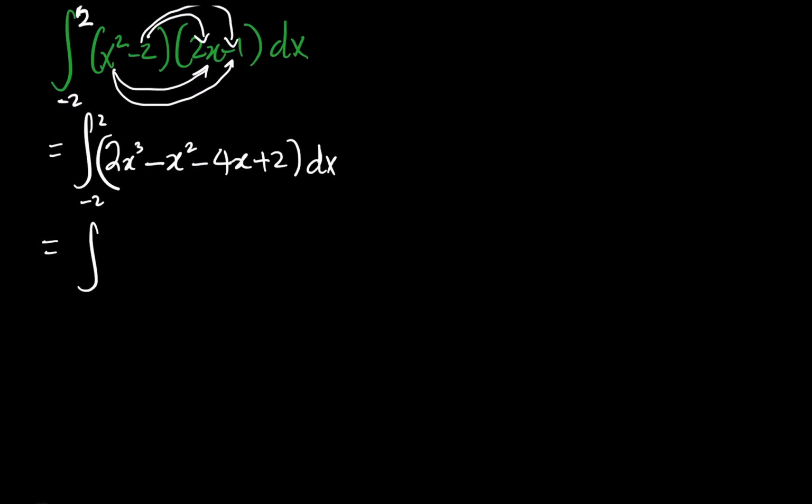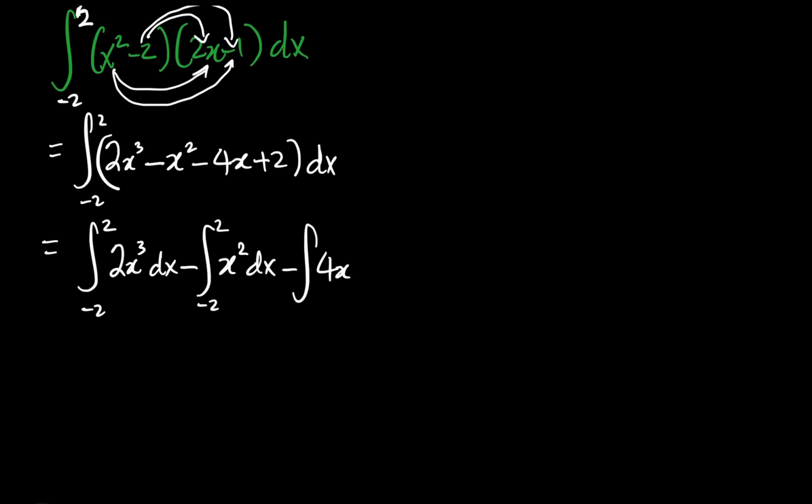You're going to have integral of negative 2 and 2. And we can take them one at a time, like this. Dx minus x squared dx minus integral of 4x negative 2 to 2 dx. And then we're going to have 2 dx negative 2 and 2.